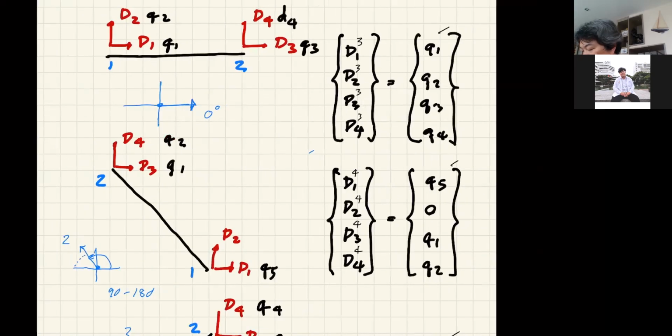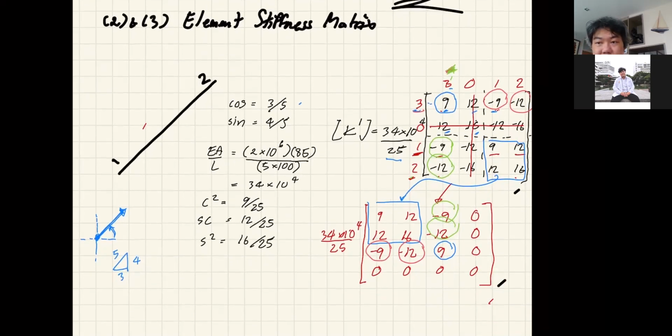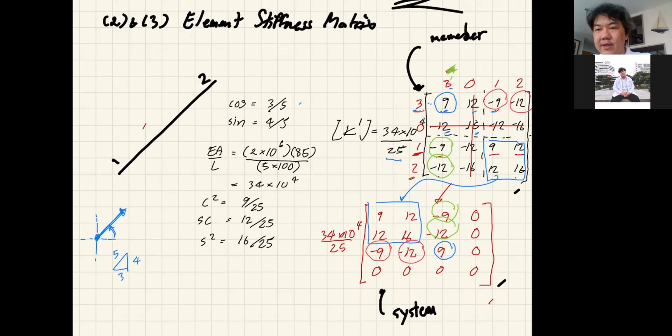But remember, you have to come back to the matrix before you assign the code, because this is truly the stiffness of your member, not this one. This one is for the system. This one is for the member. And you have the code, right? 3012. So you assign the displacement 3012 back and multiply with the stiffness matrix. You're going to get the force.